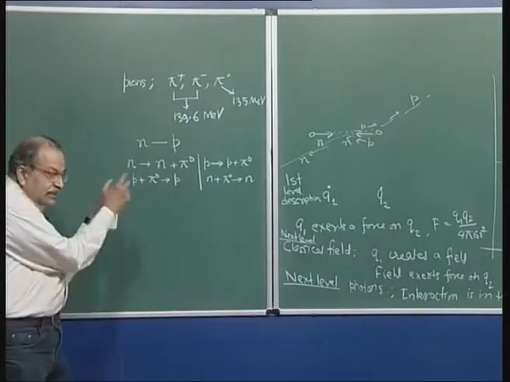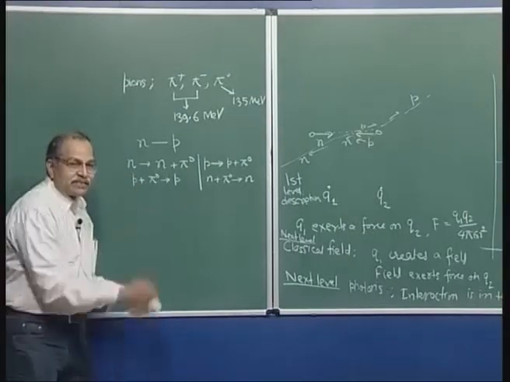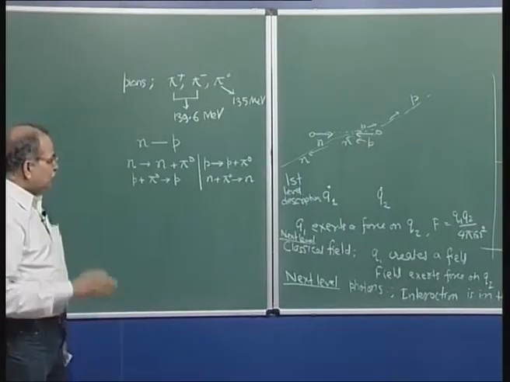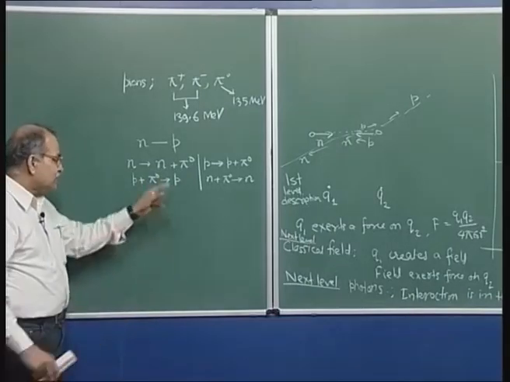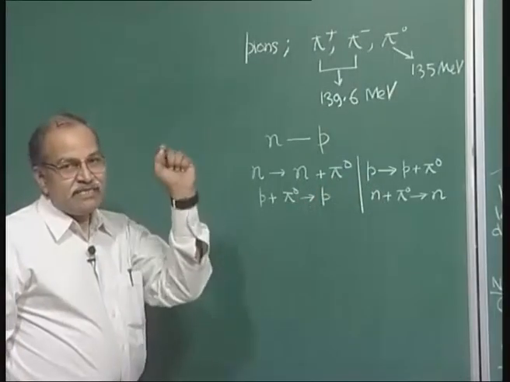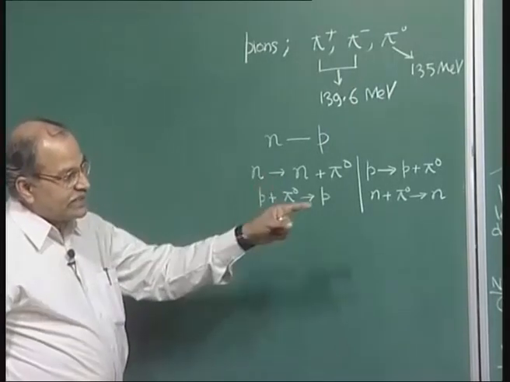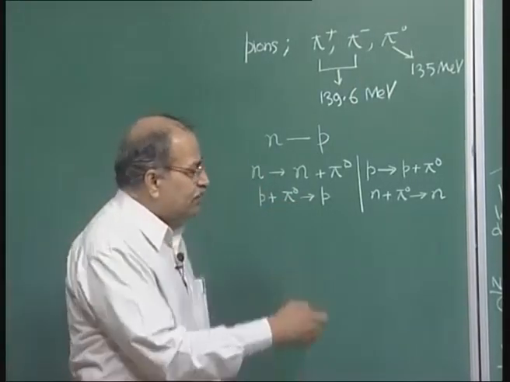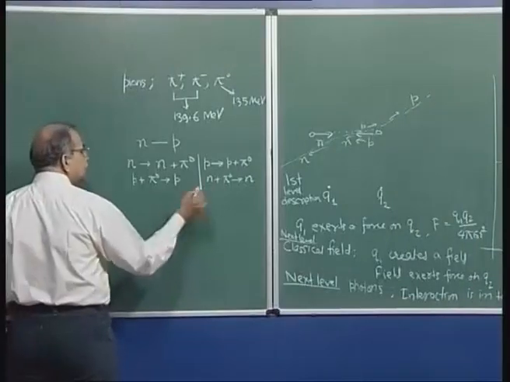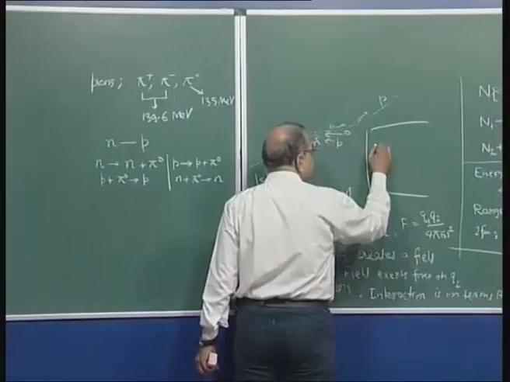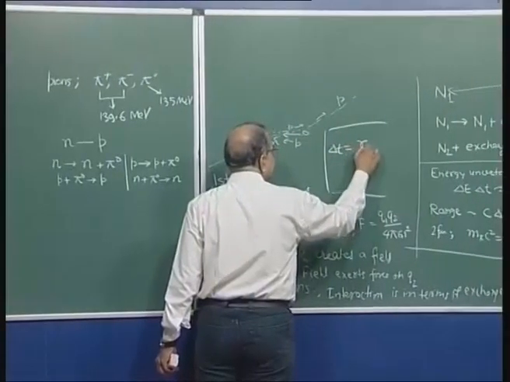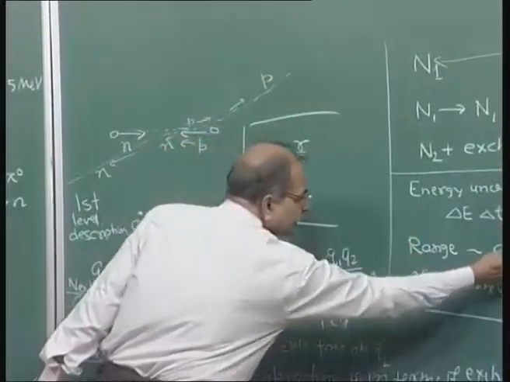These are within those virtual processes. So, do not worry too much about the energy uncertainty and momentum uncertainty and all those things, because they are for that fleeting time. The time you can also estimate, in fact, from this range itself. We say that time is range divided by c, that is how we took it, right.